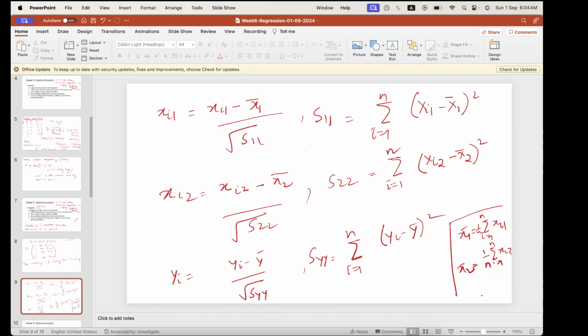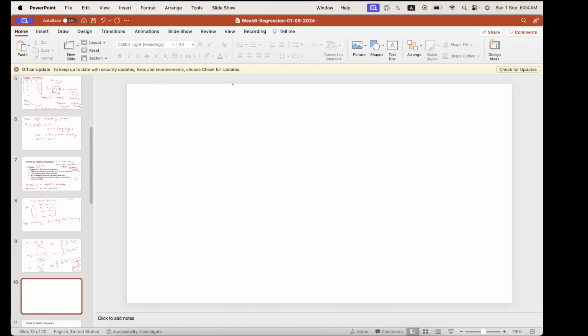And finally y bar is summation yi by n. Alright, so now that we have centered it about mean and divided it by root over s11, what do we see? Since we have centered it by mean, we can find that x1 bar will be 0, x2 bar is also 0, and y bar is also 0.